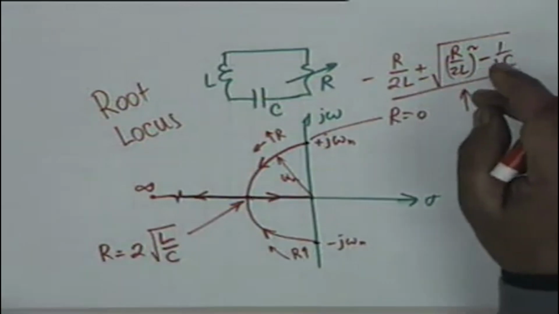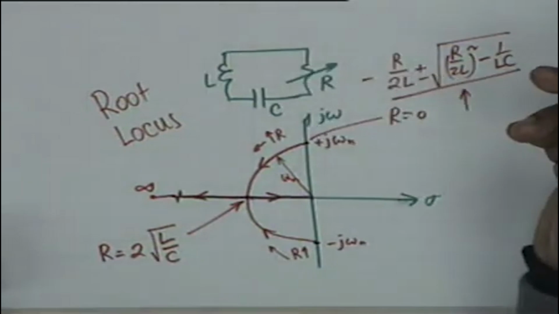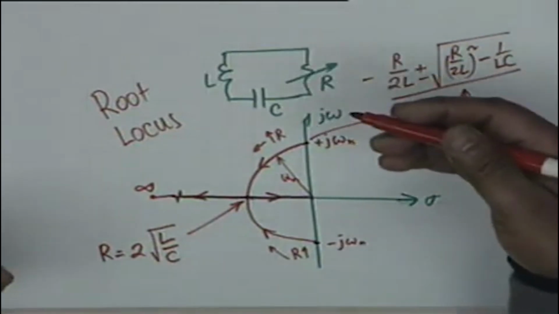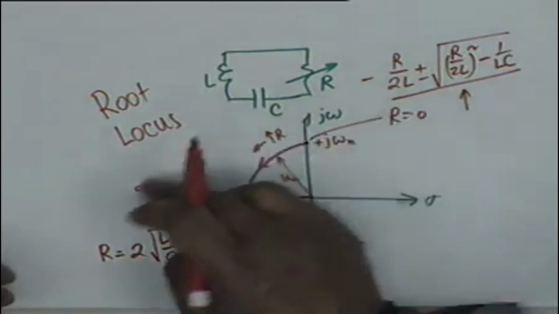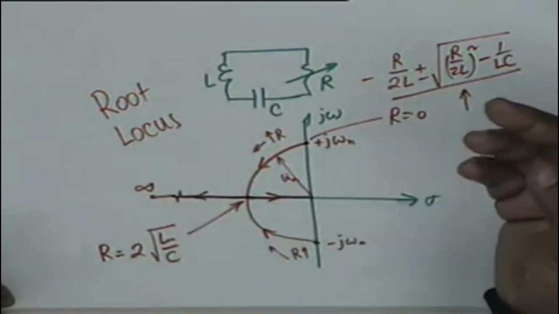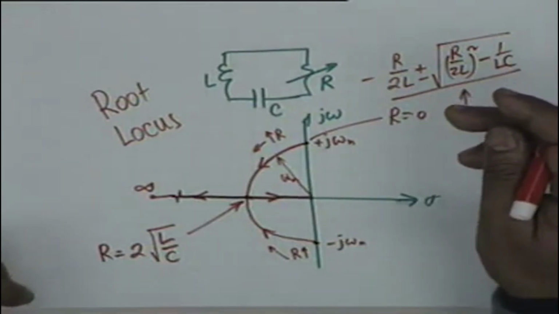Now if you argue what is so sacred about capital R, why don't you keep R constant and vary L? We can again obtain another sketch which will not be exactly this. It will be another sketch, but you can draw it, and I leave that to you as an exercise.